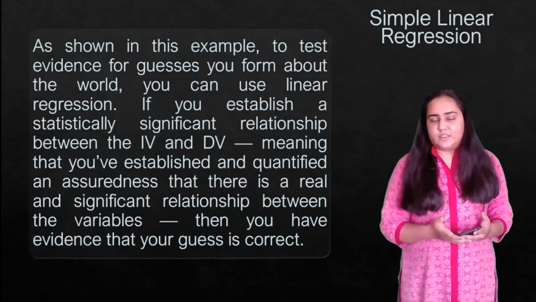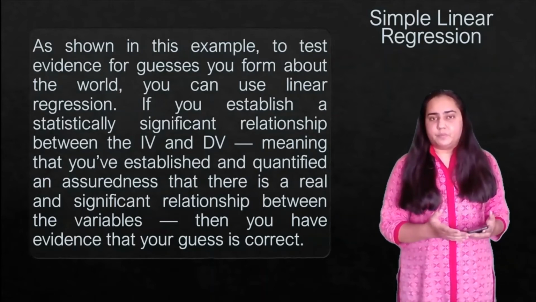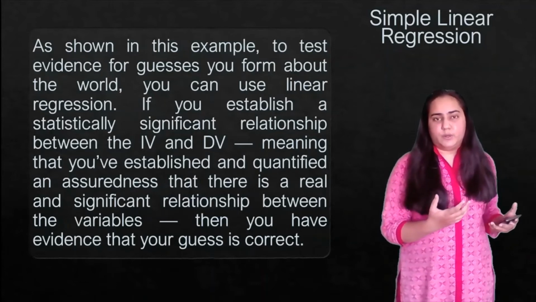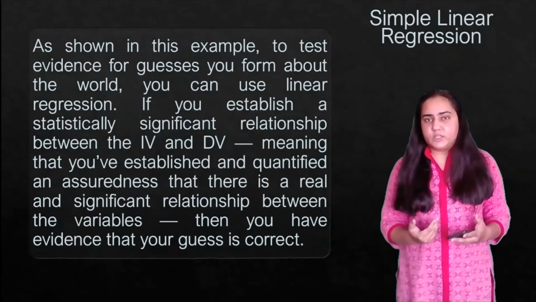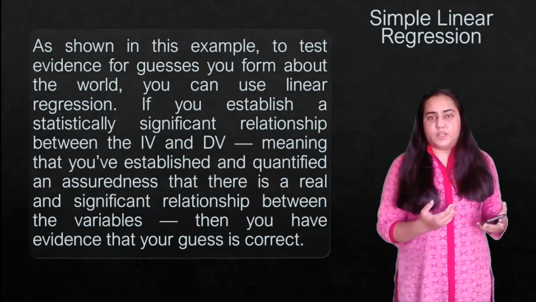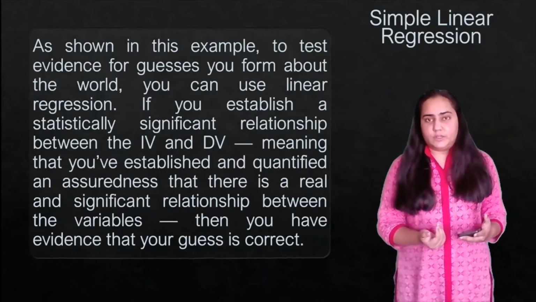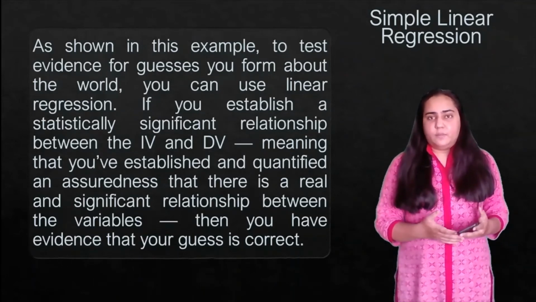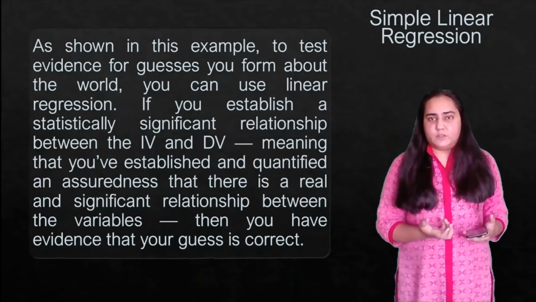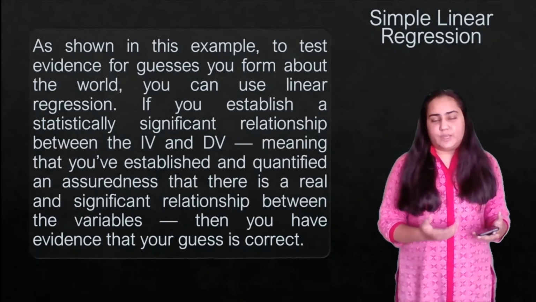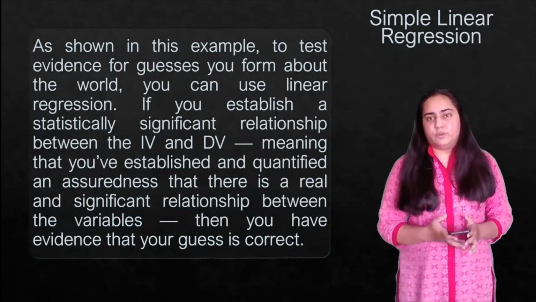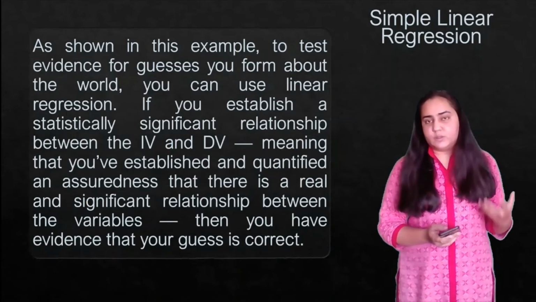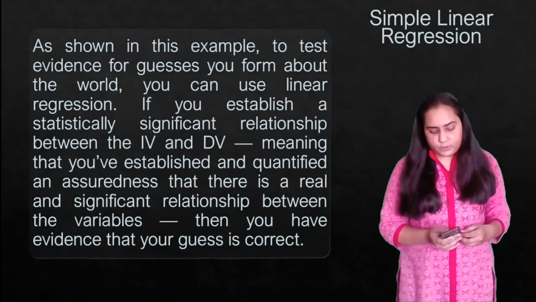Now you could make a guess either way, whether you're guessing that a person having more income is overweight, or that a person having more income is of healthy weight. Either way, if you want to find evidence for which of your guesses is correct, then you could perform a linear regression and use the mathematical model of linear regression.